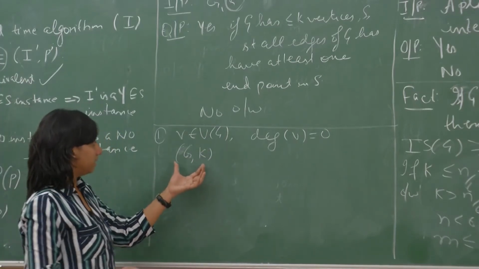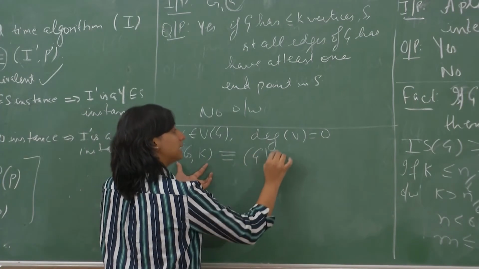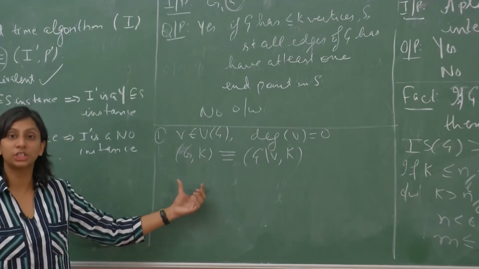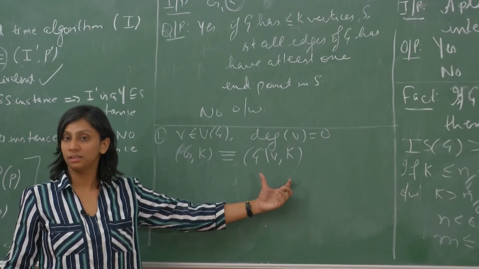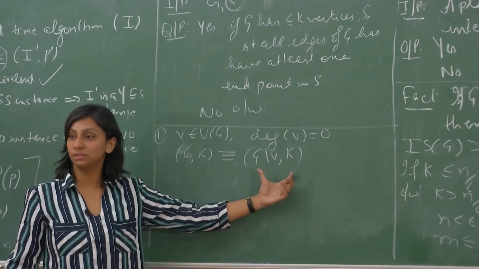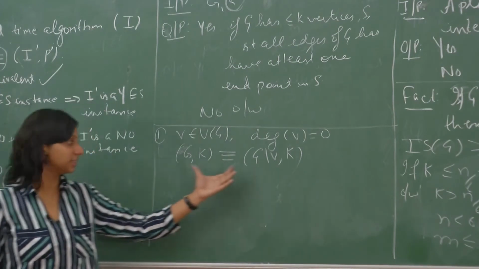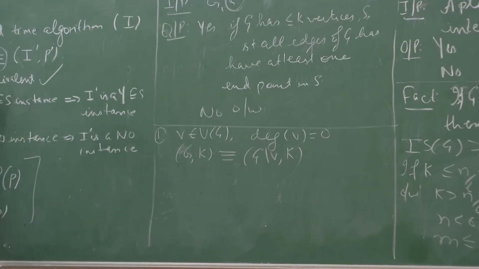Then my claim is that (G, k) is equivalent to (G minus v, k). In other words, if this had a solution of size k, then will this have a solution of size k? Whatever is the solution here, isn't that the solution here also? Similarly, if I give you a solution here of size k, isn't that a solution here? So these are equivalent instances, right?